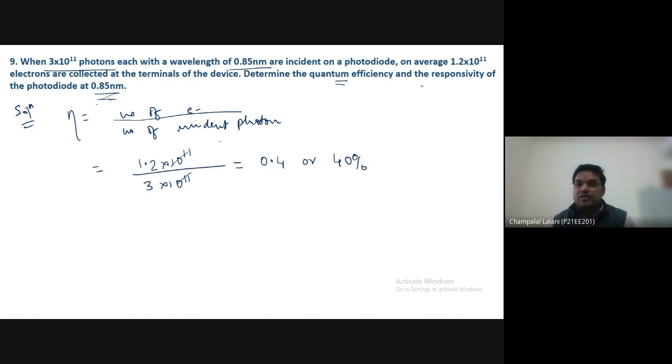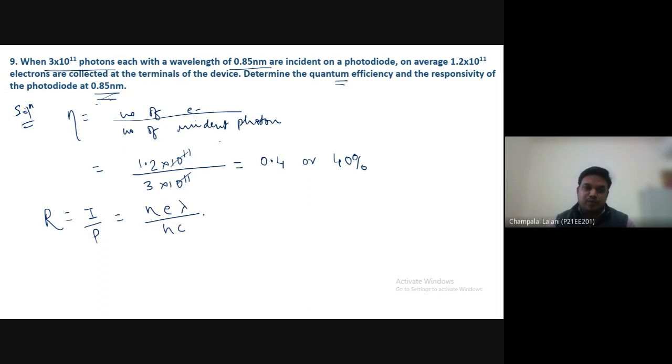So the next part of the question is, you need to calculate the responsivity of the photodiode at 0.85 micrometers. Responsivity, which is I upon P, is efficiency into e into lambda upon hc.